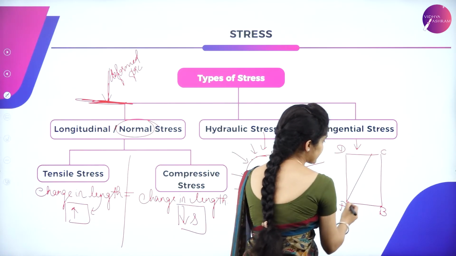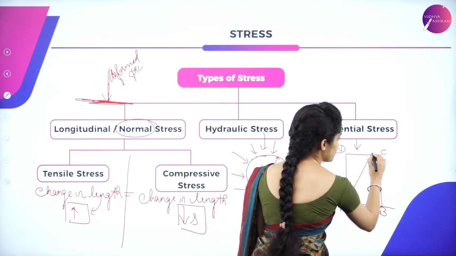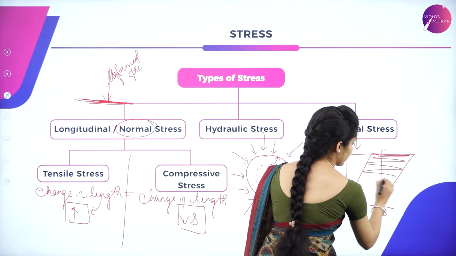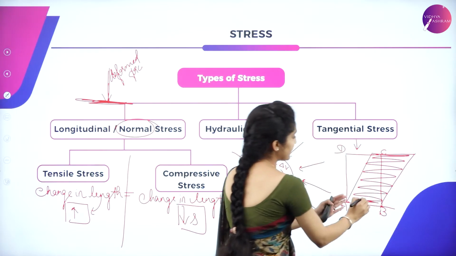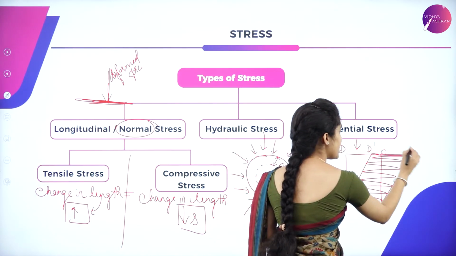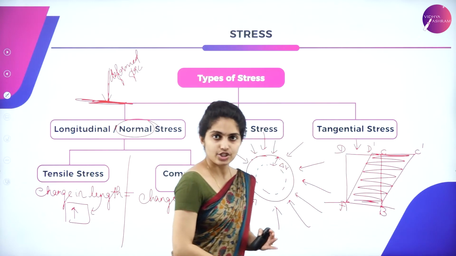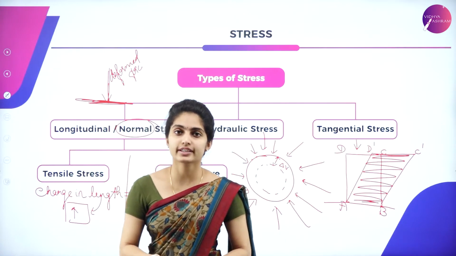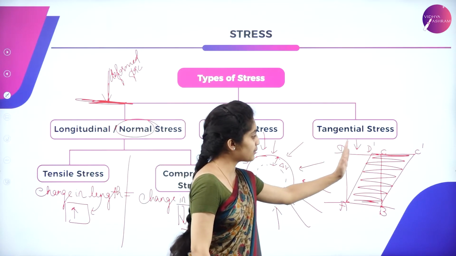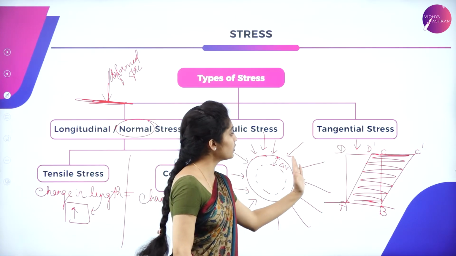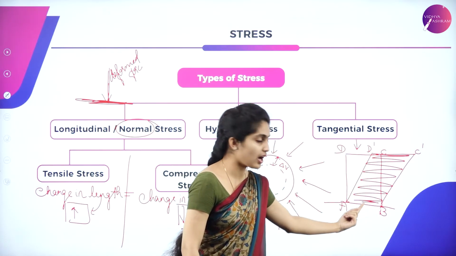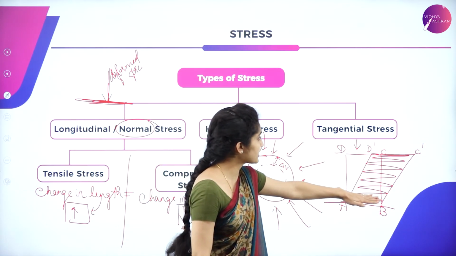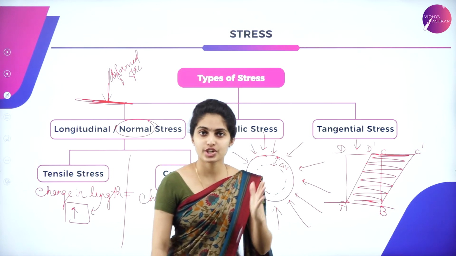It will be fixed at the base but it moves at the top. So this is the final position. This becomes D dash, this becomes C dash. But the bottom, the baseline, will be fixed. I'm just pushing this rectangular cardboard the other way, wherein the shaded part is the final position of the rectangular object, and I can say that it is tangential stress.